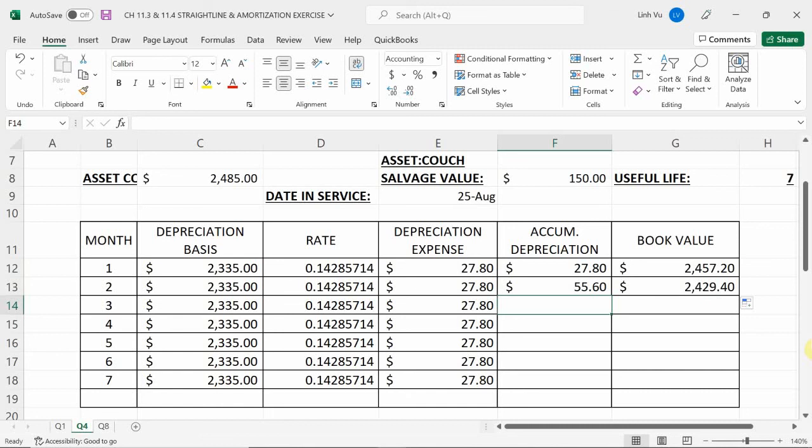For the third month, it'd be the previous year's accumulated depreciation, so 55.60 plus the current year's 83.40. Good. So then what's my book value going to be?